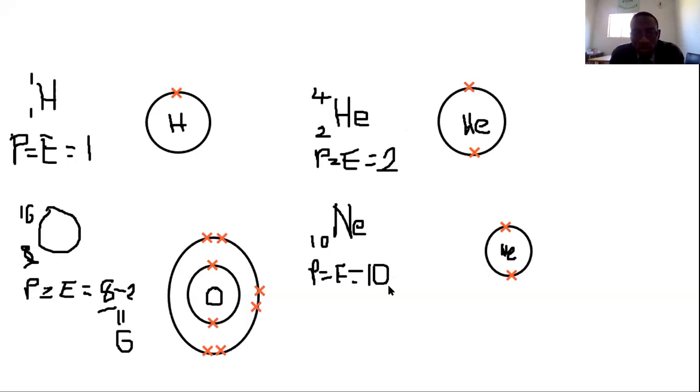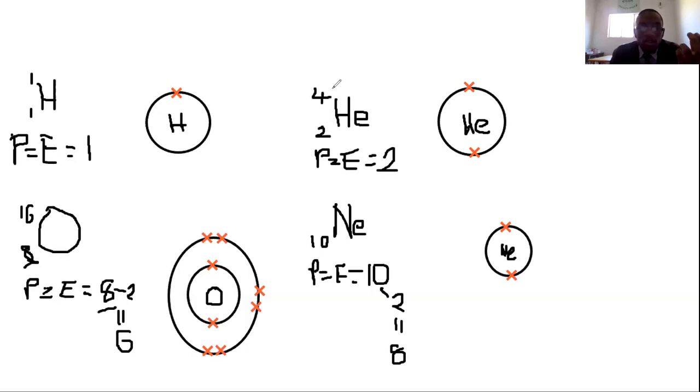So you have used 2 electrons, meaning you have to subtract from the remaining 10. So you subtract 2, your remainder will be 8. So if you have 8, you know that the maximum number of electrons to be put in the second shell is 8.